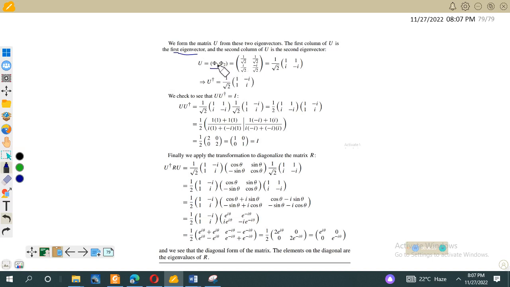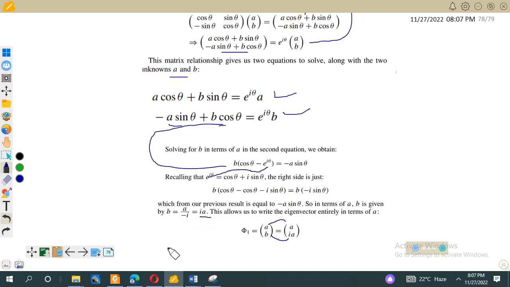So for the first, if we want to find phi 1 and phi 2, its value will be 1 over under root 2 and 1 iota over under root 2. You may be surprised where 1 over under root 2 has come from, and this is nothing but the normalization. If we normalize this matrix and divide it by the normalization constant, it will give phi 1.